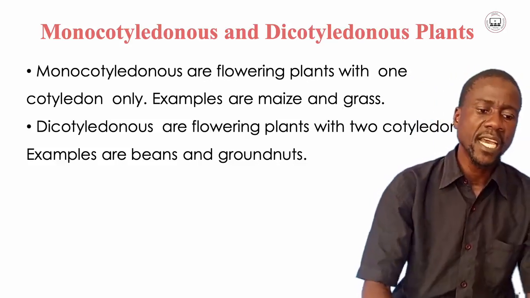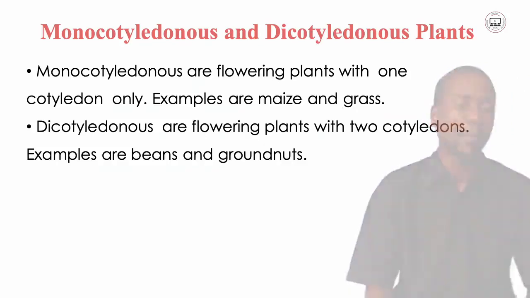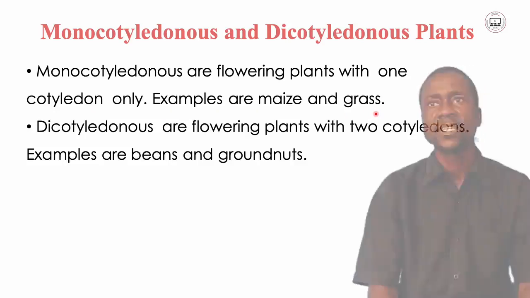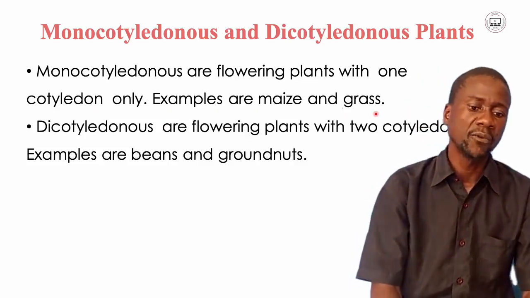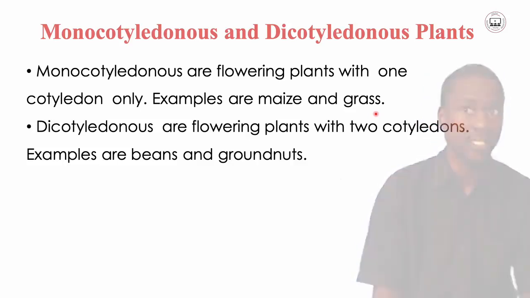This further describes how these flowering plants are made up. So, the monocotyledonous plants are flowering plants with one cotyledon only. Examples are maize and grasses. These are just the most common examples which can be found in almost every environment.